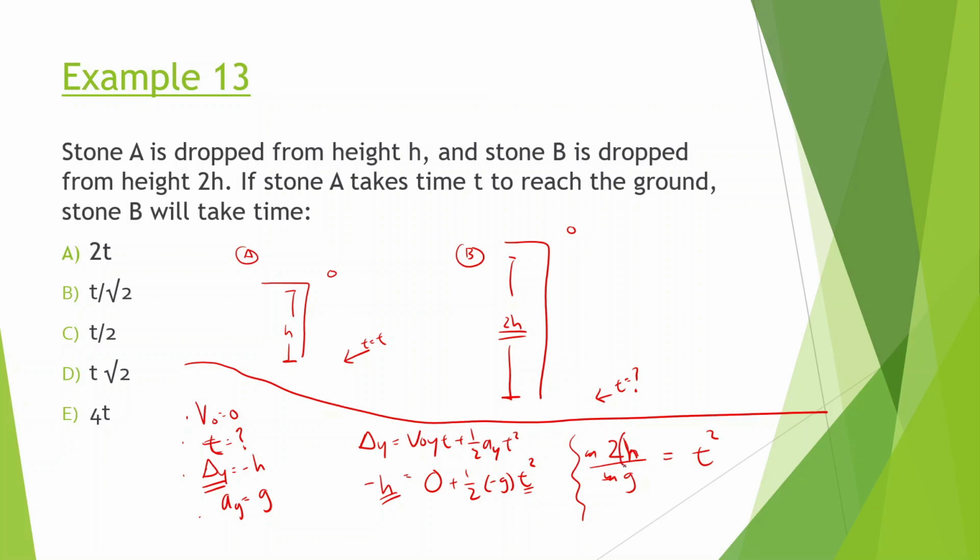So let's say h changes by a factor of 2. That means t needs to change by a factor of square root of 2, so that both sides change by a factor of 2. Okay, hope that makes sense.